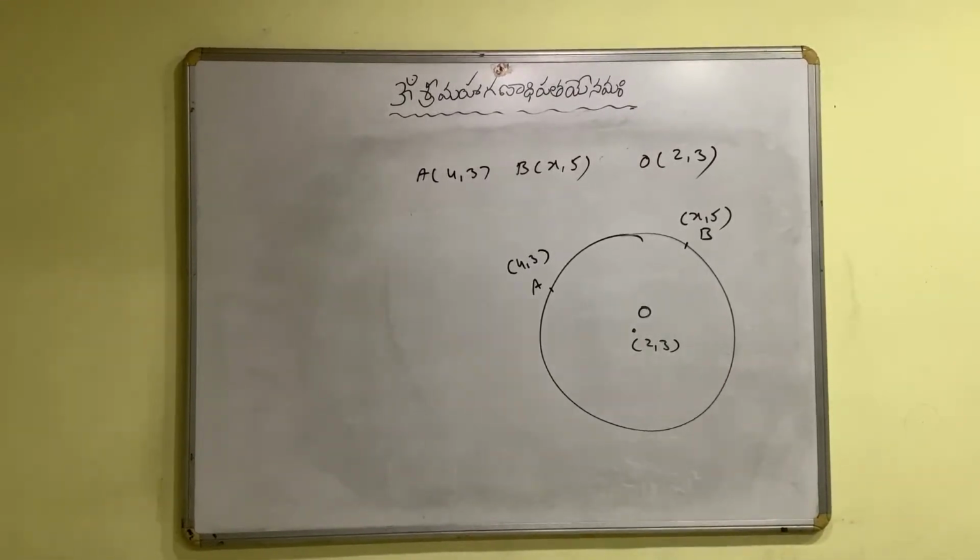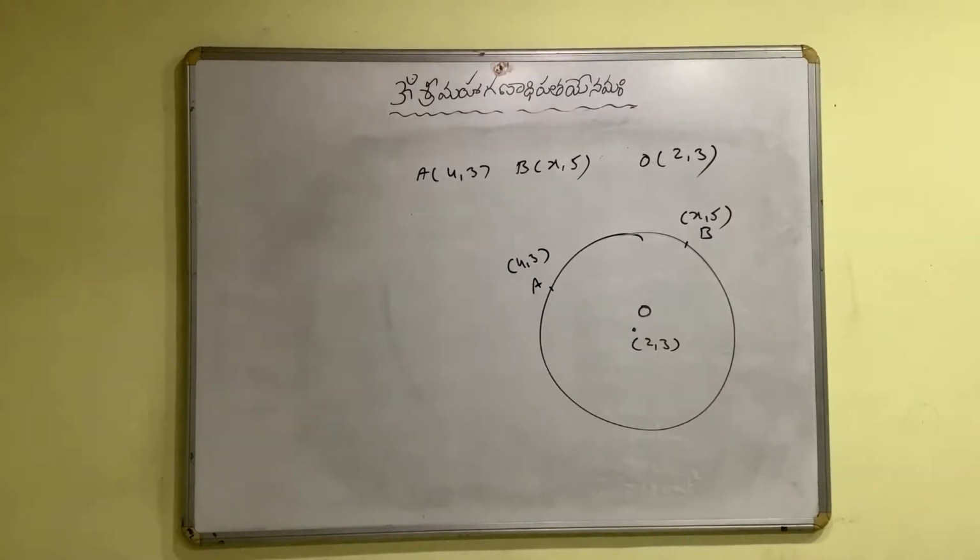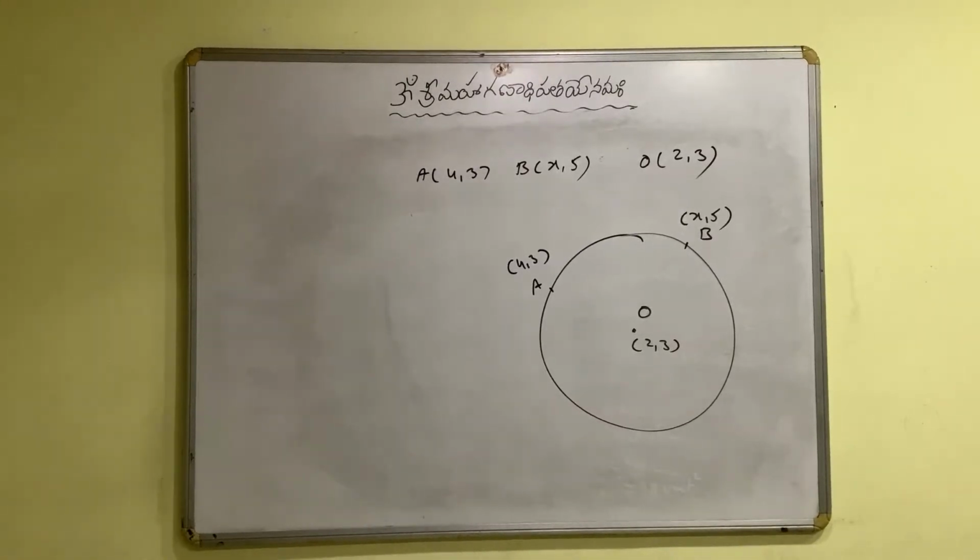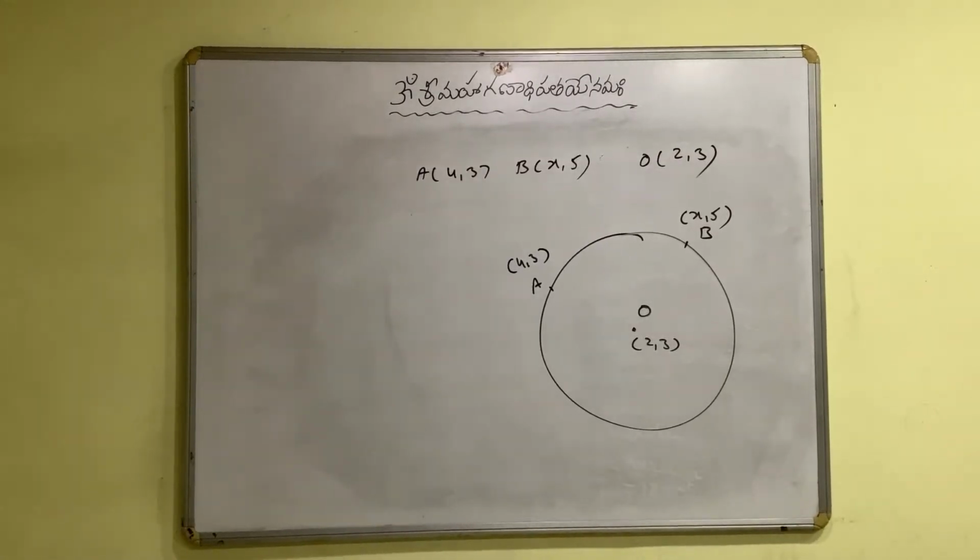What is OA? Radius. Very good. Now OB. What is OB? OB is also radius. OA is radius, OB is also radius.